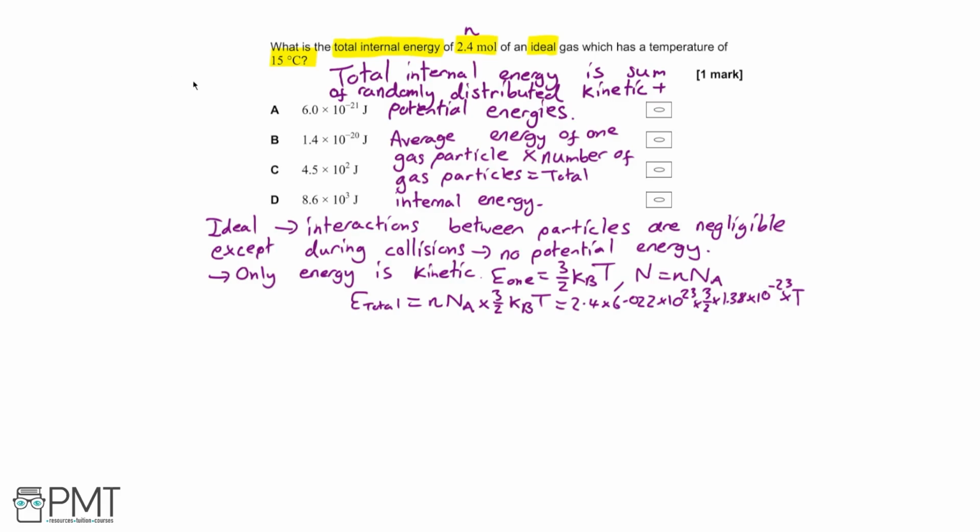Now, in putting the temperature in this equation, we have to make sure to convert to Kelvin. This is because we're dealing with a single temperature rather than a temperature difference, so the units in which we calculate a temperature are important. Therefore, the temperature is equal to 15 from the Celsius plus 273. This is to convert into Kelvin.